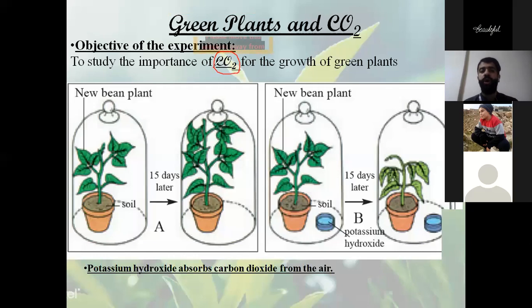What do we call the test that is used to identify the presence of carbon dioxide? If you remember, we talked about this in the chapter of transpiration.